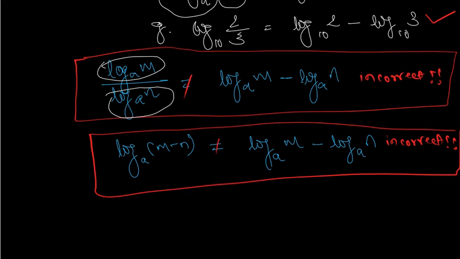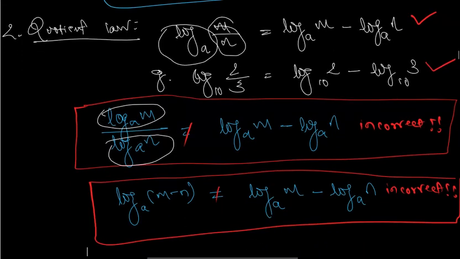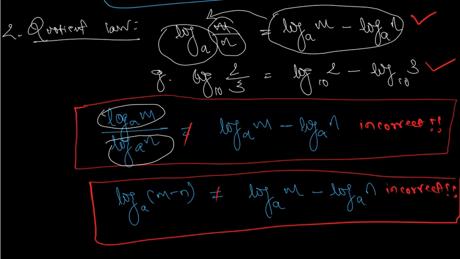So I've shown you the correct quotient law and how quotient law can get converted into the difference of two logarithms. But I have also shown you what are the incorrect identities. Now also remember one more thing. If you have been given this part, that is RHS, you can very well convert it into your LHS, right?